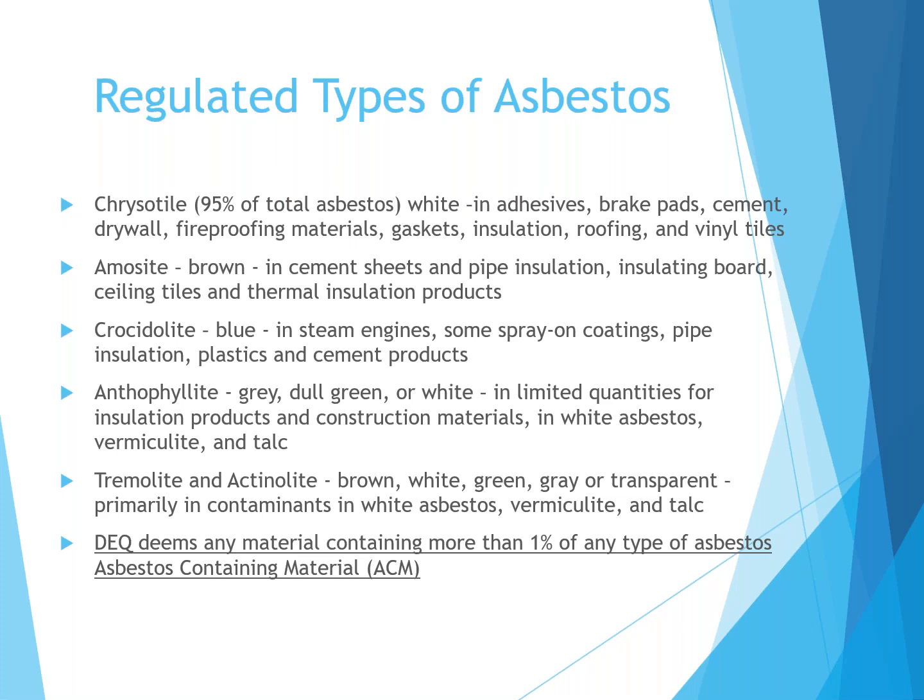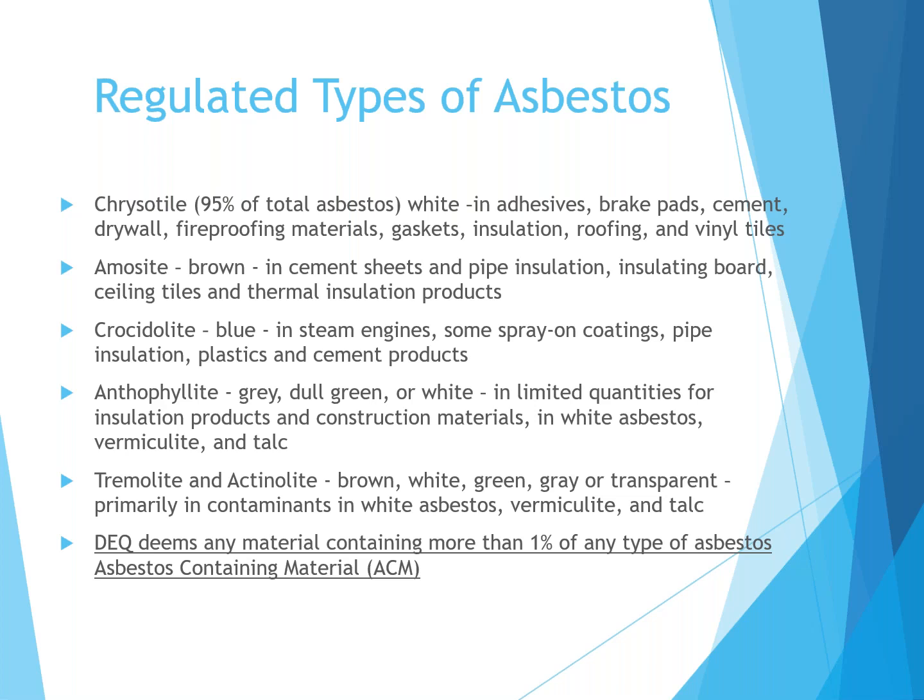This whole slide is designed to not only give you the names of these materials, but also to show that they appear in a number of different colors, as well as a number of different uses. So chrysotile is white. It's in adhesives, brake pads, drywall, fireproofing materials, gas insulation, roofing, and vinyl. Amosite is generally brown. It can be in cement sheets and pipe insulation, insulating ceiling tiles and thermal insulation products.